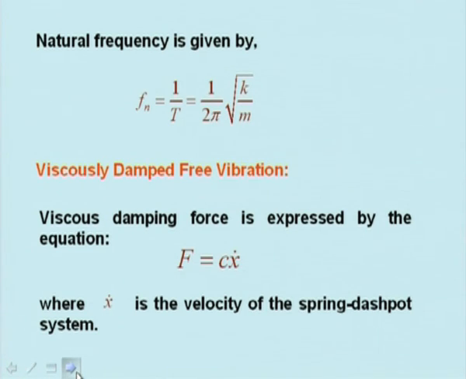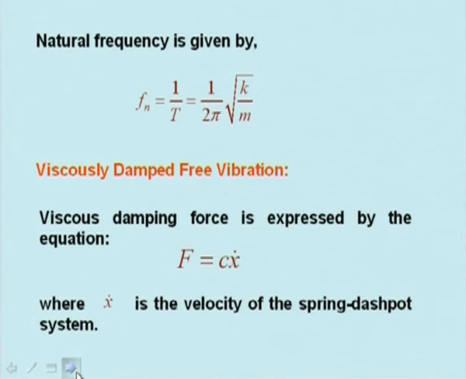Now we have to talk about viscously damped free vibration. In the previous example we considered only the restoring force of the spring, that is kx. Now we are going to consider damping also.